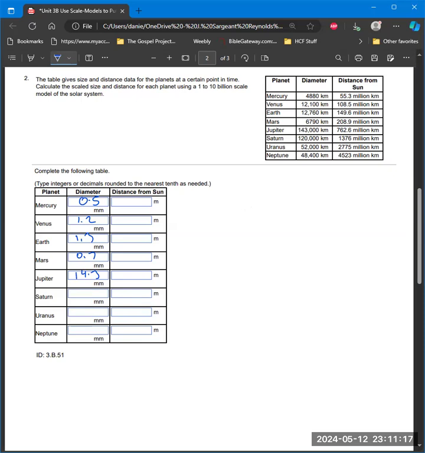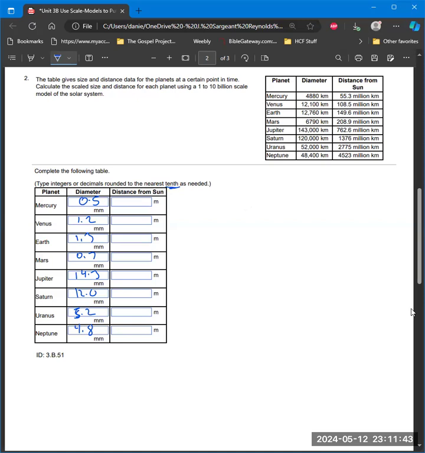And then 12.0. And then 5.2. And then 4.8. And we're rounding to the nearest 10th as needed here.